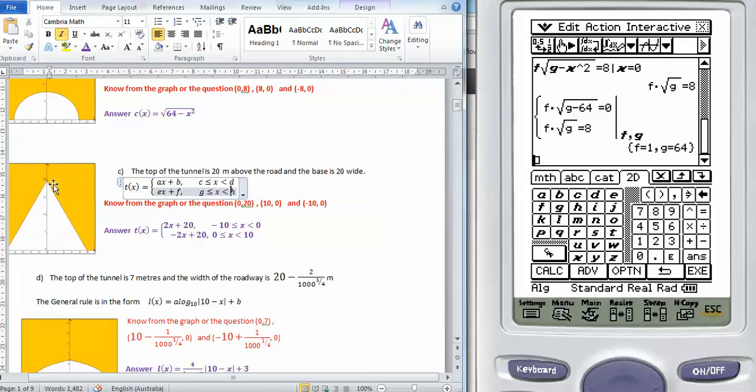And here I go from 20 down to 0 over a distance of 10, so that's a gradient of negative 2, 20.